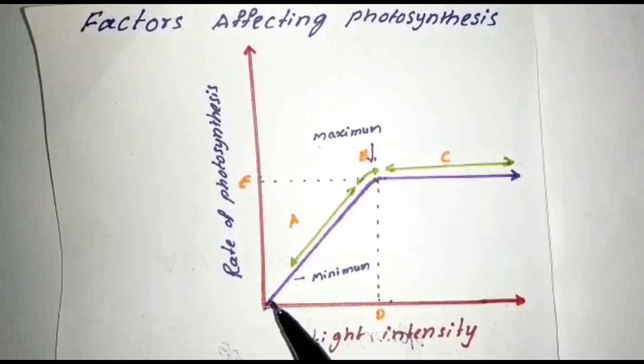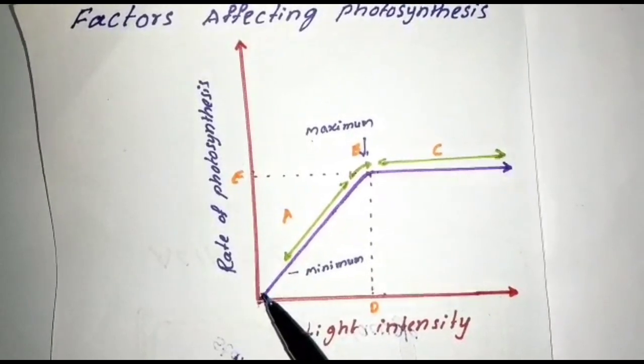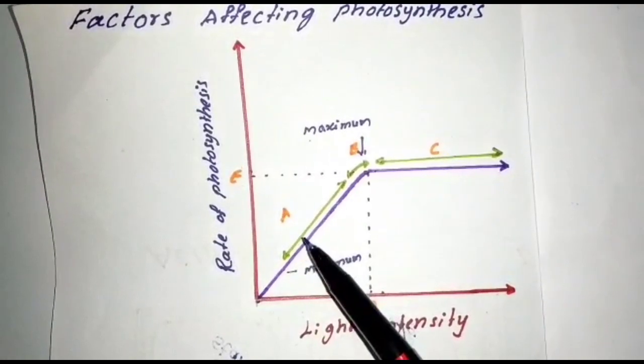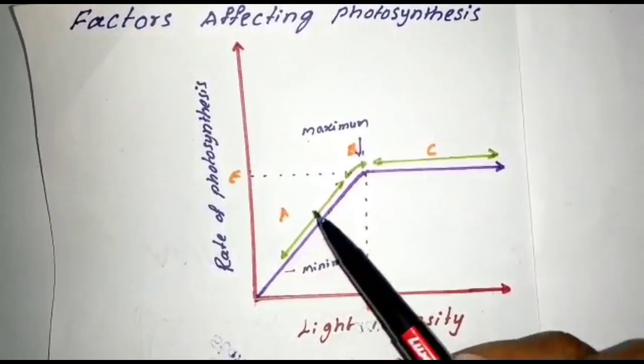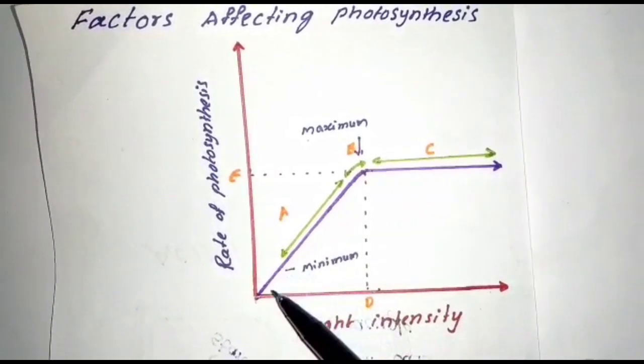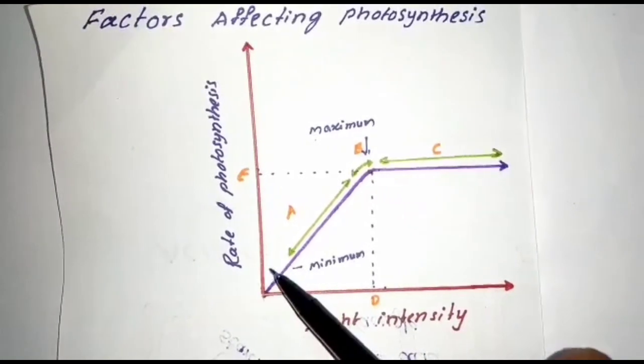If in a plant leaf chlorophyll and chloroplast are present, as the light intensity increases and the availability of carbon dioxide increases, the rate of photosynthesis also increases. When the light intensity is less, the rate of photosynthesis is also minimum.